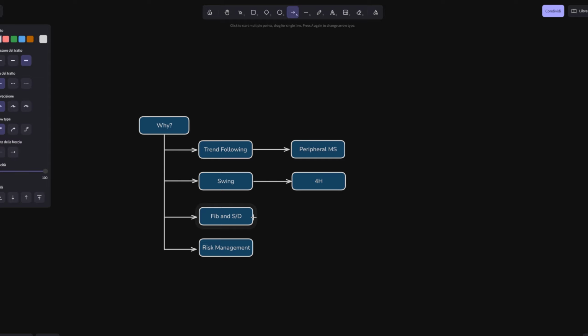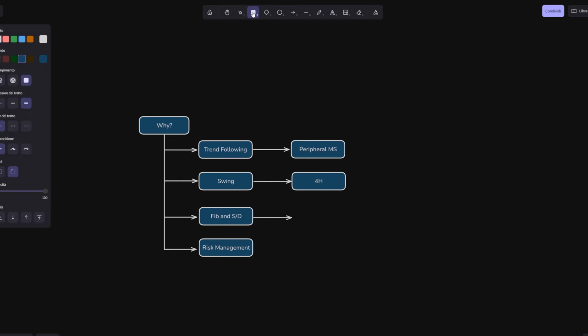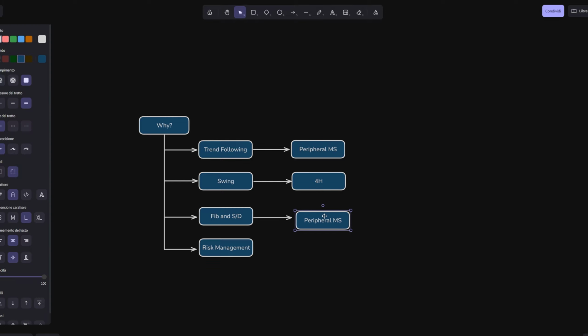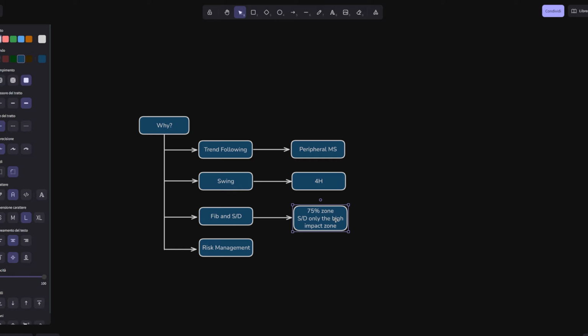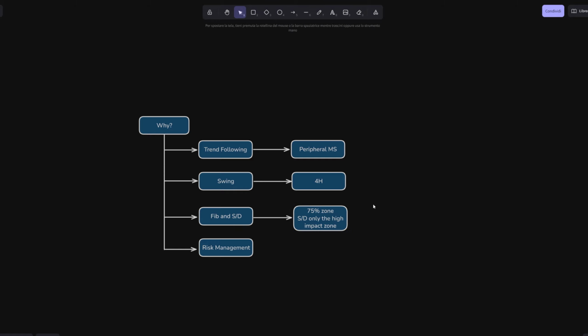I will use the Fib and the supply and demand to refine my zone. For the Fib, I will use a 75% zone, and for the supply and demand, I will take into account only the high impact zones, so the la creme de la creme of the supply and demand zones.